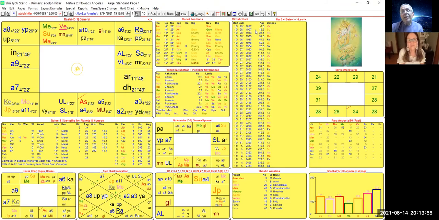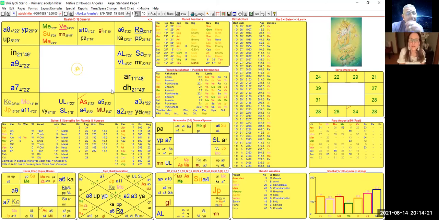All right. So he started his Sun Mahadasha when he was 18 years old. That was when he left his household. Actually, that was when he entered the army. His Moon Mahadasha was in his 20s, and that was when he tried to become an artist, if I recall that period.